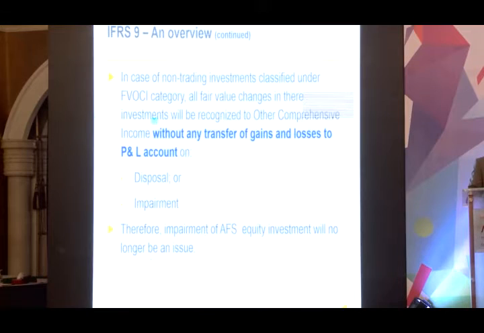But that is not going to happen under the IFRS 9 model, because it says the gains or losses on the non-trading portfolio held at fair value through comprehensive income, or OCI, will permanently remain in OCI, or in equity, even when the investments are disposed of or impaired. So the AFS investment gains which now reside in equity will remain in equity even if you dispose of or impair those investments. This is a permanent destination of those gains and losses as far as the company is concerned.